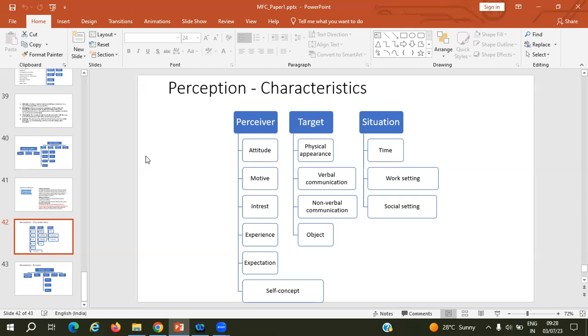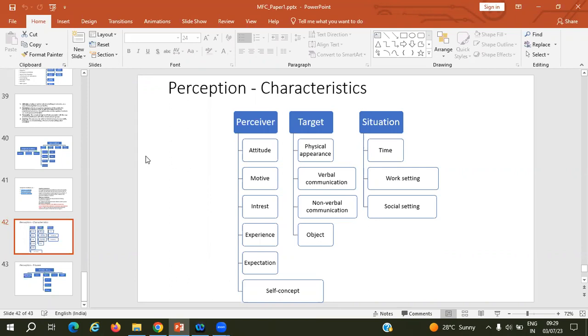If you are a bad person, you will not think good about anything. So all these characteristics, behavior, attitude, motive, interest, experience, expectation, self-concept, are controlling the perceiver. That is the characteristics of the perceiver.